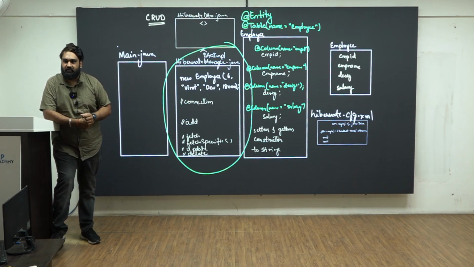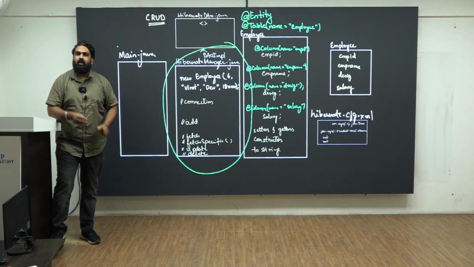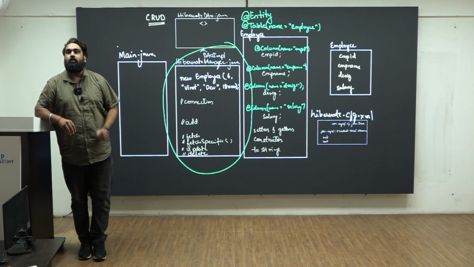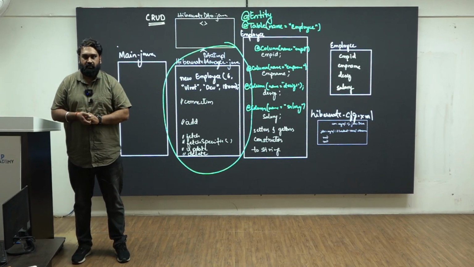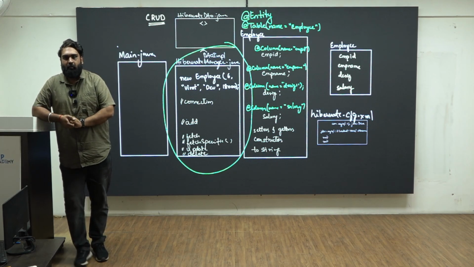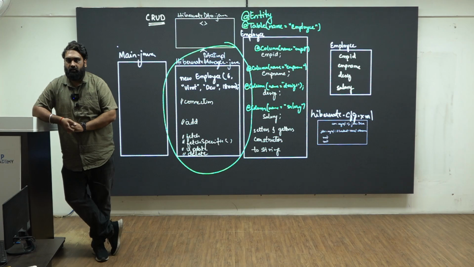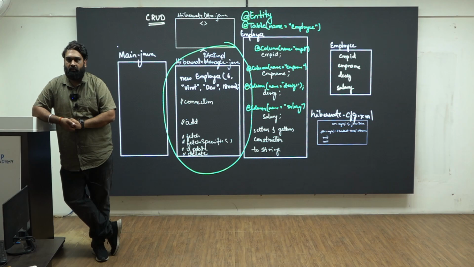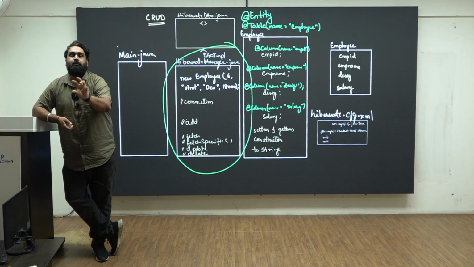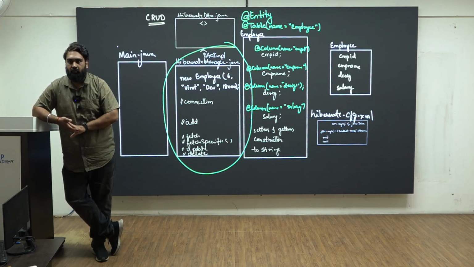The reason is very simple. In your regular JDBC DAO, you are using SQL queries. Yes or no? You are using SQL query, you are using a JDBC program. But when it comes to Hibernate, you will not be writing even a single query. See, maybe here and there, one line you may write, which may look like a query for you.